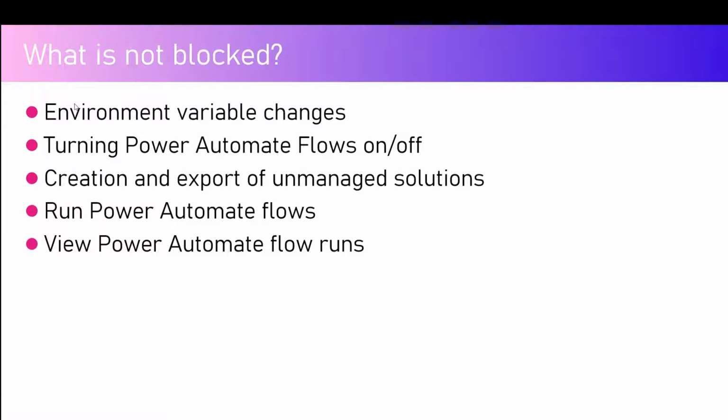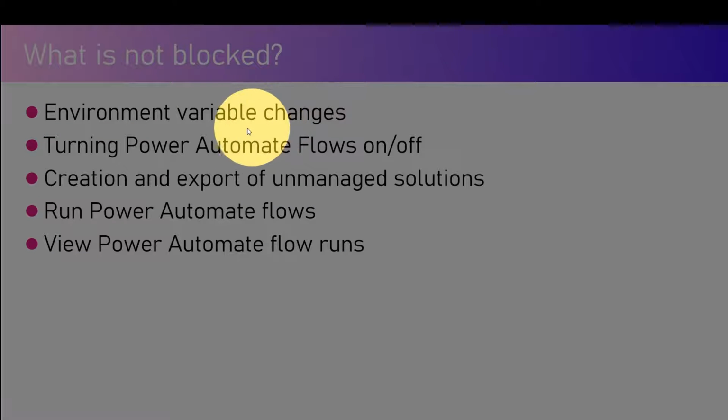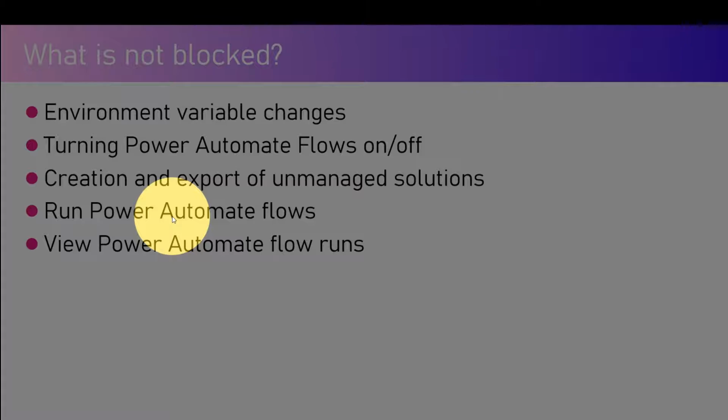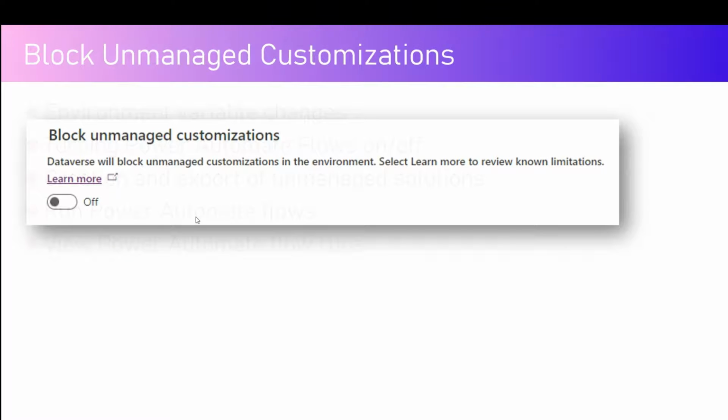There are some things you cannot block using this setting, like environment variable changes, playing around with Power Automate flows, like turning the flows on or off, running them, viewing the flow runs, or creation and export of unmanaged solutions from the production environment. So that is not blocked. Those are some limitations within the current feature set. However, in the near future, all those things will be taken care of.